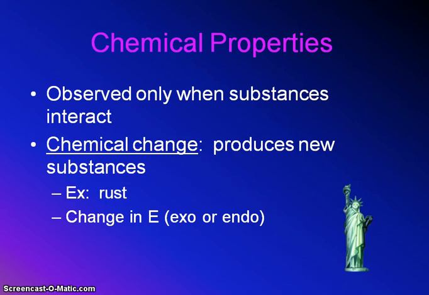And with a chemical change will always come some sort of change in energy. So there will be either an exothermic reaction going on or an endothermic reaction going on. That green color that the Statue of Liberty has, that's a result of oxidation. That's copper oxidizing. So that is a chemical reaction that is happening.